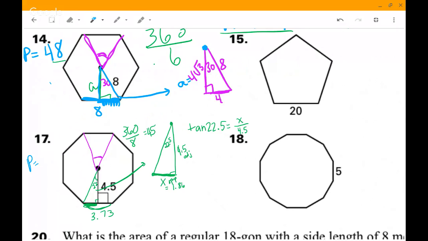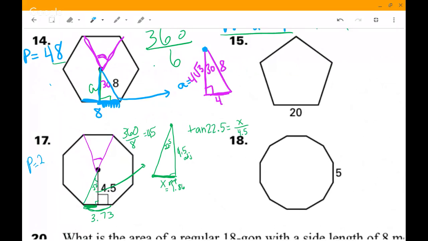So I got 29.82. Are you good on perimeter?